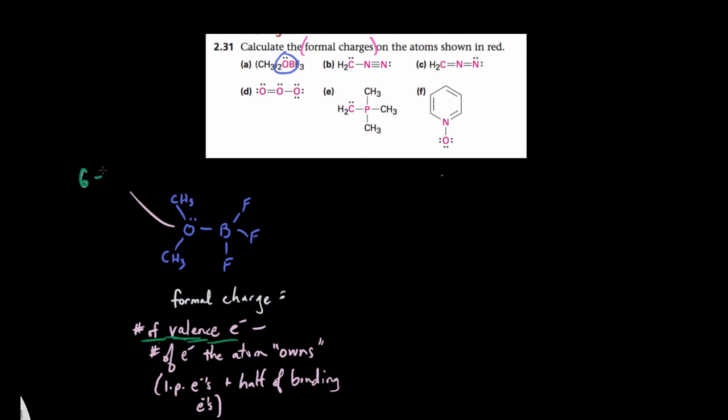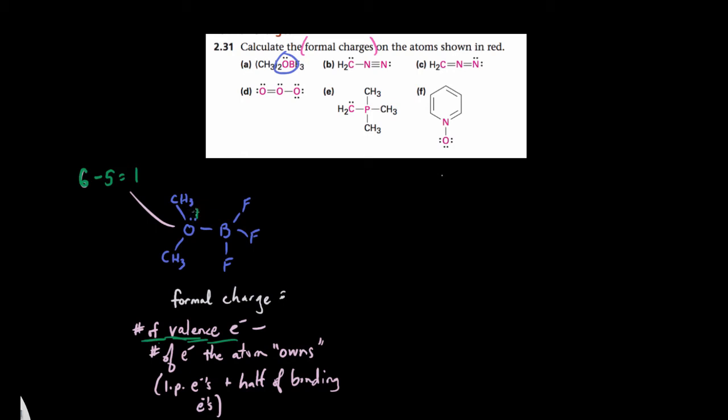The number of electrons the atom owns is determined by the specifics of the bonding in the molecule. So we count the lone pair, 1, 2, and then half of the bonding electrons: 1 in this bond, 1 in this bond, and 1 in this bond. So 1, 2, 3, 4, 5. So 6 minus 5 equals 1. So this oxygen has a +1 formal charge.